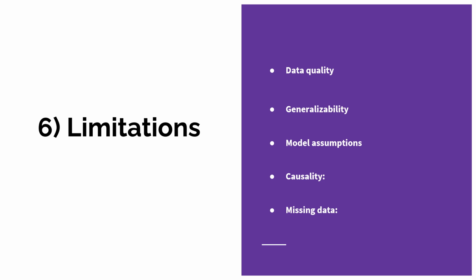This refers to how the study was based on data from participants in the United States, and the findings might not be applicable to other populations or countries. Thirdly, model assumptions. Lasso regression assumes that there's a linear relationship between the dependent variable and the predictors. If this assumption isn't met, then the model results might be unreliable.